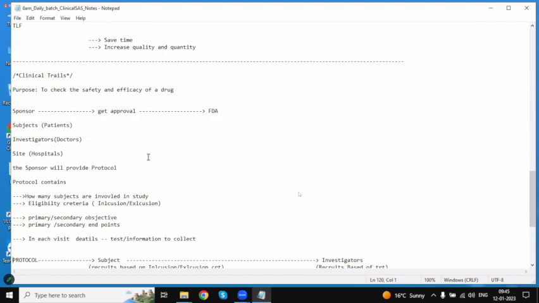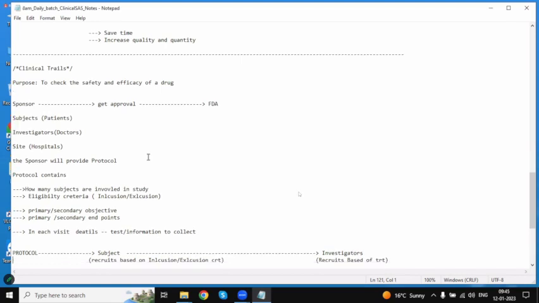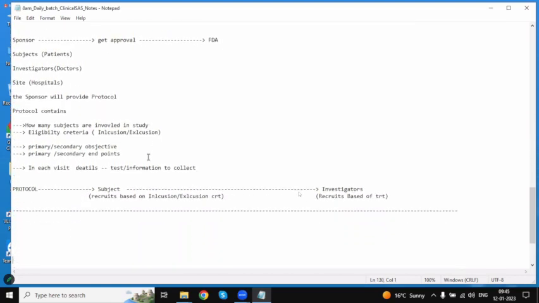Okay. So in the process, the first thing we discussed was the protocol document. The sponsor will provide the protocol document. We saw a sample protocol yesterday as an example.